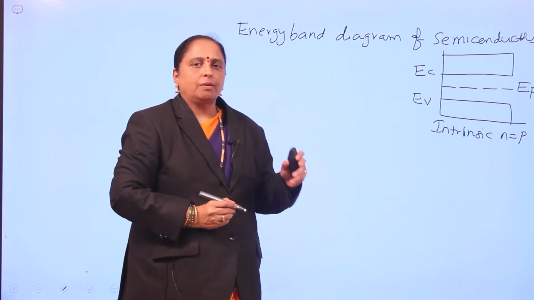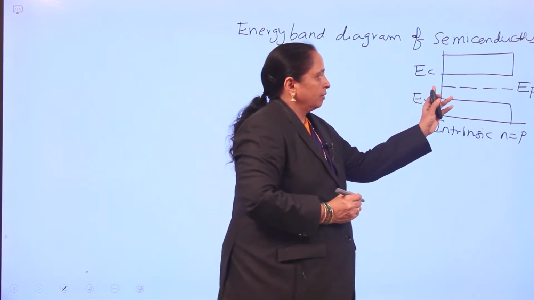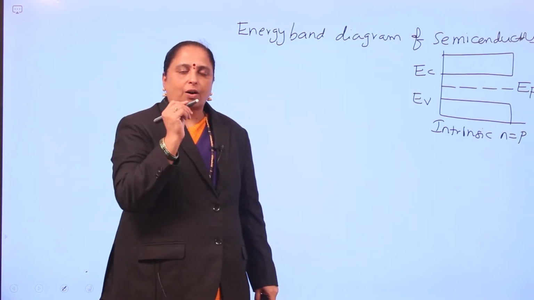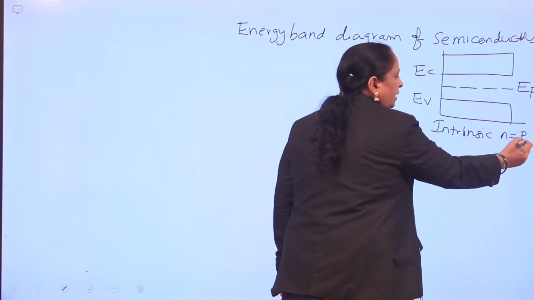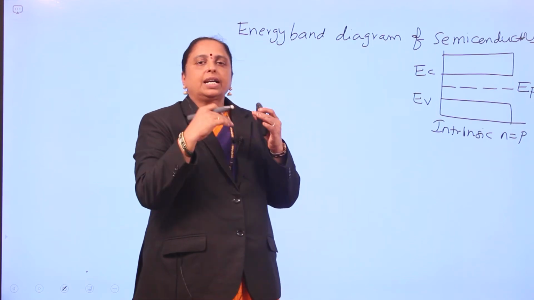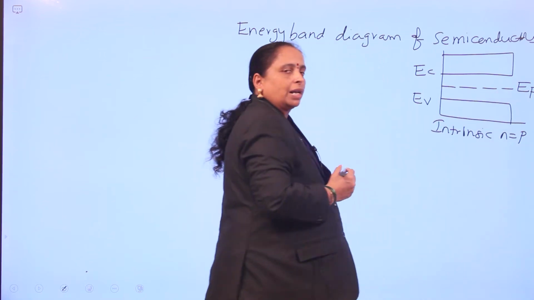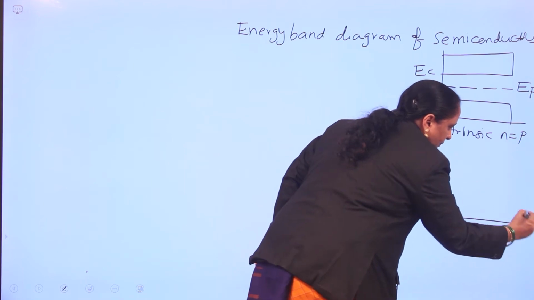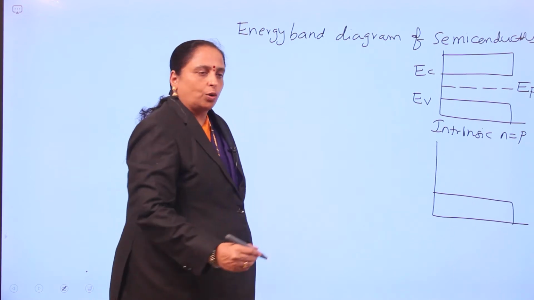What is meant by the Fermi level? The Fermi level indicates the maximum gravity of the concentration of the carriers. For example, in an intrinsic semiconductor n is equal to p, that is why the Fermi level indicates the equality among the holes and electrons. Therefore, the Fermi level is in the middle. If you take a P-type semiconductor, the majority charge carriers are holes.